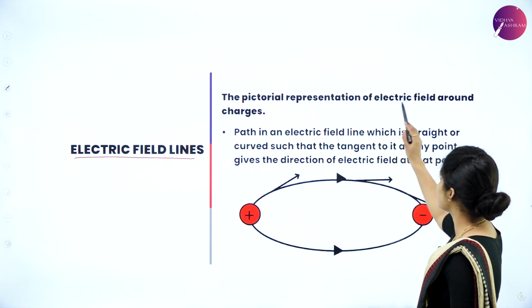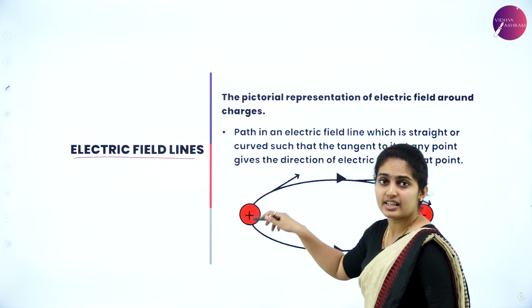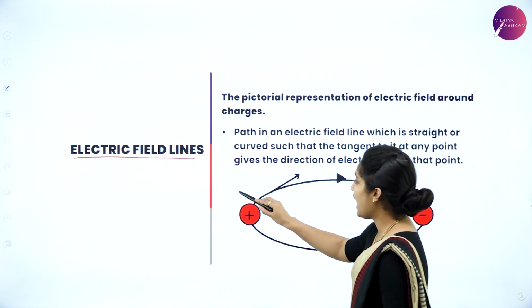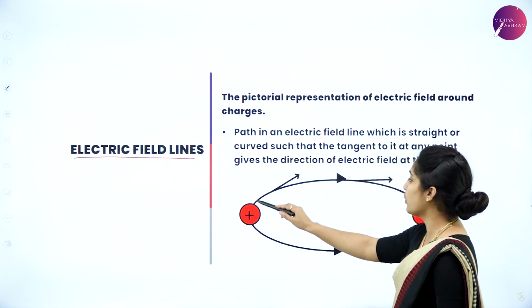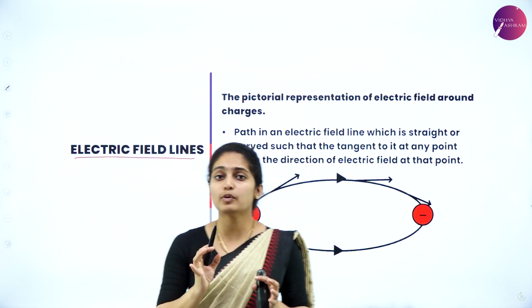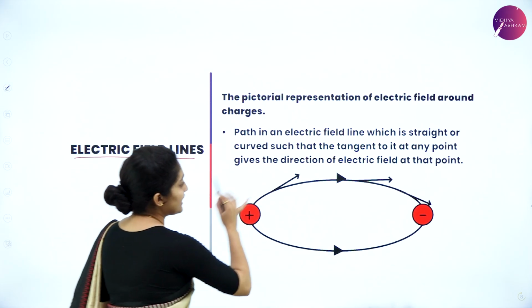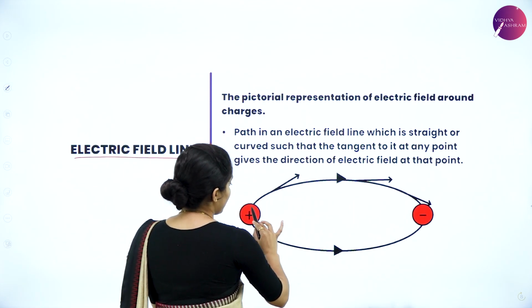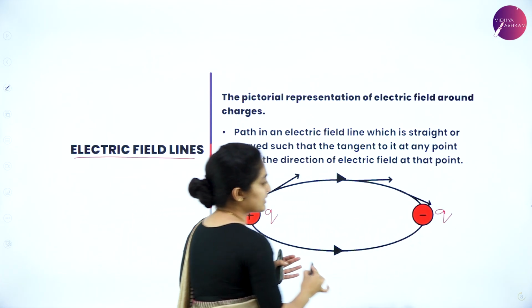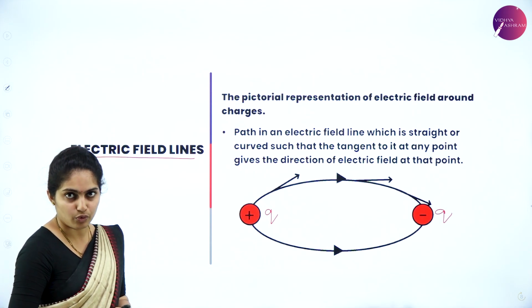The pictorial representation of electric field gives you the electric field lines. How is it? So we have a source charge over here. Consider you have a source charge over here and a test charge over here. Okay. So suppose if that's the case, how exactly does it move? The movement from a positive charge to a negative charge, how exactly do the field lines move?